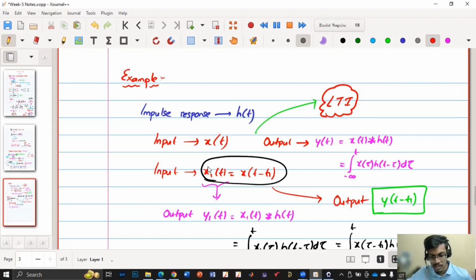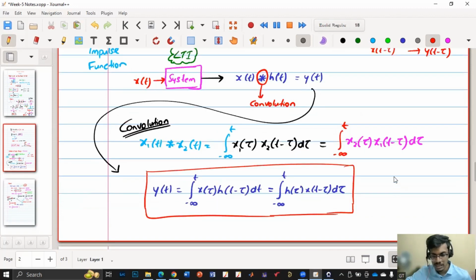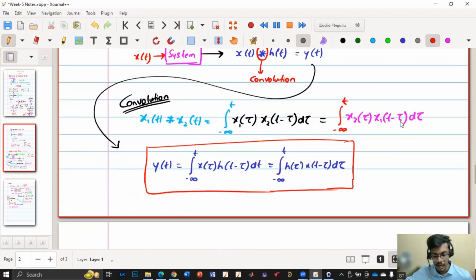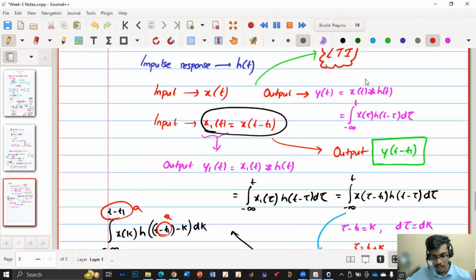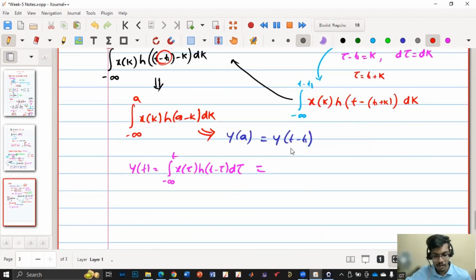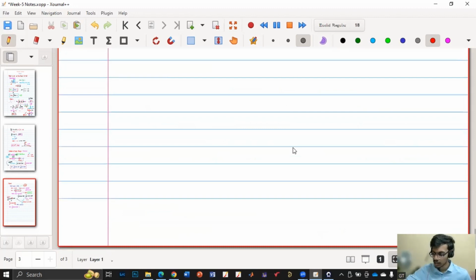If this is not holding, then the convolution theorem is also not holding, because the convolution theorem says that for this input this is the output, which matches the definition of LTI. So that's why the convolution theorem is only for linear time invariant systems. Did you get it? Okay, fine.